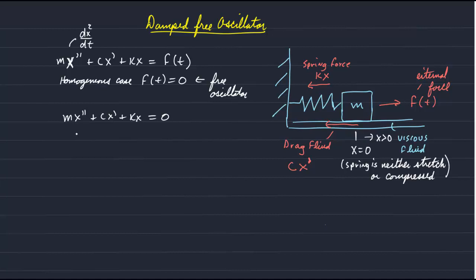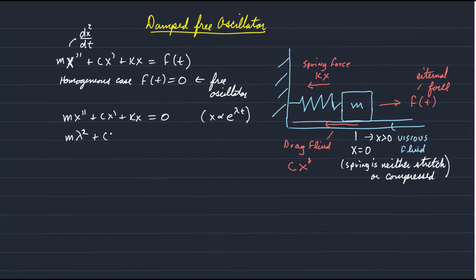The characteristic equation: x double prime converts to lambda squared, because we're assuming x is proportional to e to the lambda t. If we take the second derivative of x with respect to t, we'll get a lambda squared term.